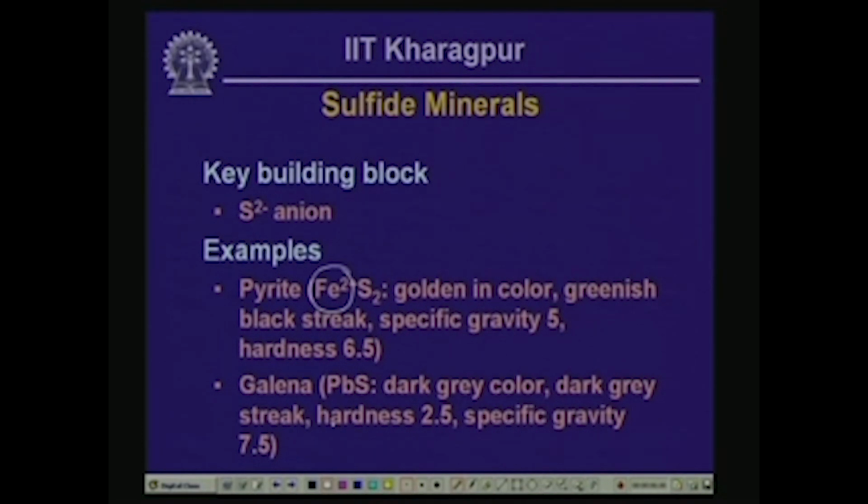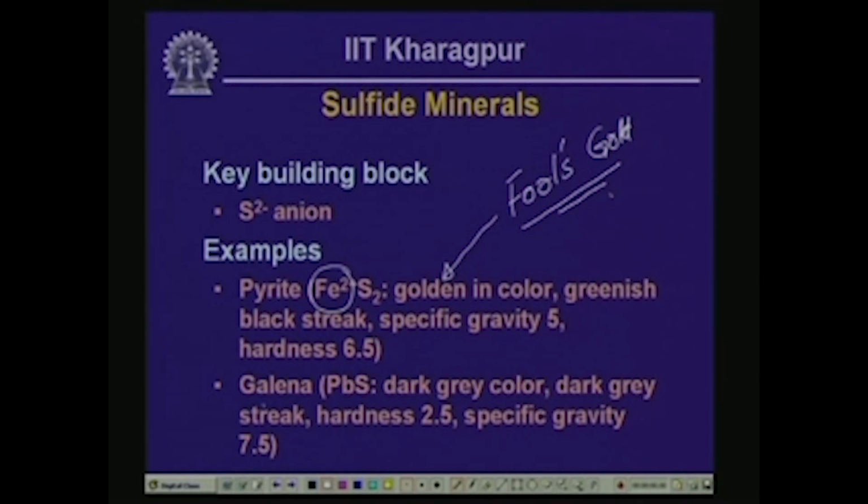Pyrite, if you recall, has a golden color. It is also called fool's gold because of this. It is not a precious metal, but it has an appearance similar to gold. It has a greenish black streak, specific gravity of 5 and hardness of 6.5.